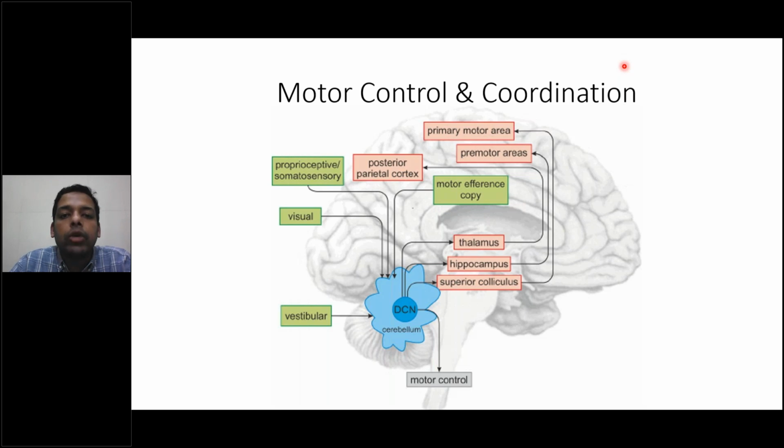Through these inputs, the cerebellum then results in a motor control and a coordinated movement through fibers via thalamus, hippocampus, and the superior colliculus, finally leading to the primary motor cortex, the premotor areas, and the posterior parietal cortex. So any abnormality, any lesion, any defect in one of these would lead to ataxia.